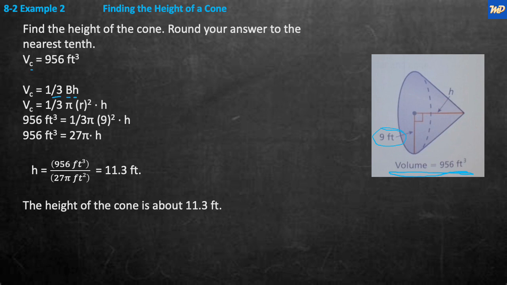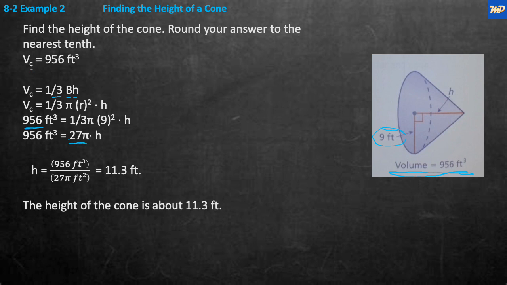So when we fill in the numbers, we're going to see 956 feet cubed is equal to 1/3 pi times 9 squared times h. 9 squared is 81. So in the next line, we're going to have 956 feet cubed is equal to 27 pi, because 9 squared is 81 divided by 3 is 27, 27 pi times h.